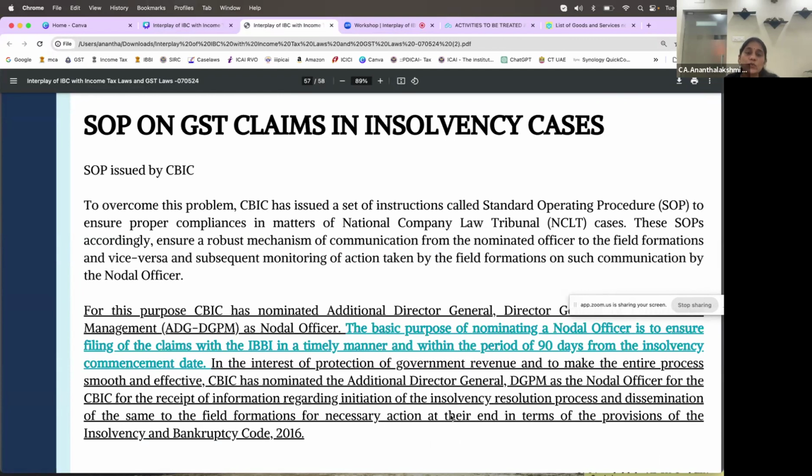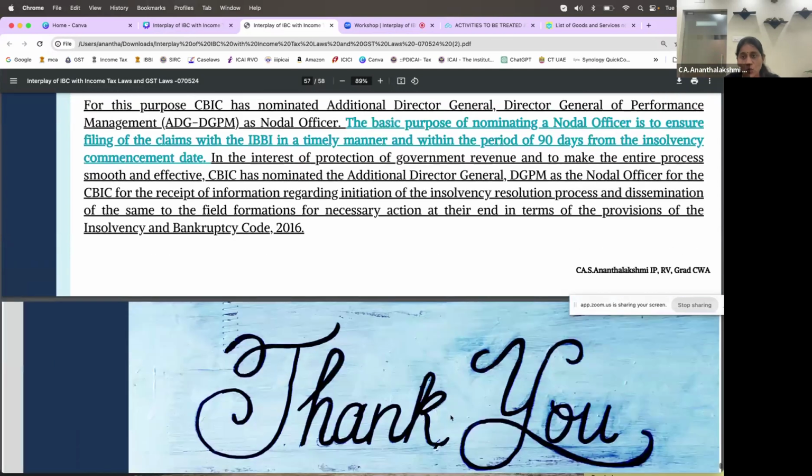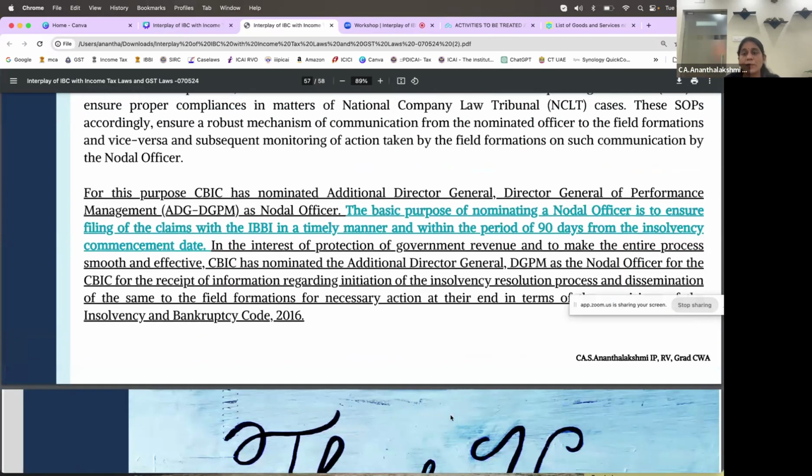So to reduce their burden, this standard operating procedure has been given exclusively for the governments, and exclusively for the GST departments to submit their claims so that they can get some benefit, because they were not going to get the amount in full, right? At least some amount they will get.